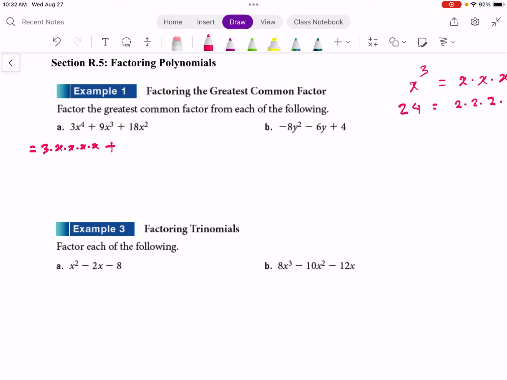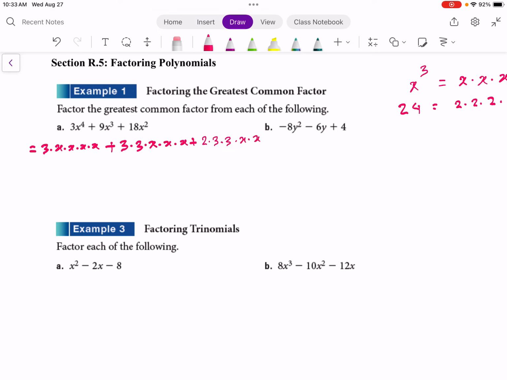How can we rewrite 9 in a factor form? 9 is 3 times 3, x cubed is x times x times x, plus we have 18x squared. And how can we rewrite 18 in a factor form? 18 is 2 times 3 times 3, x squared is x times x.